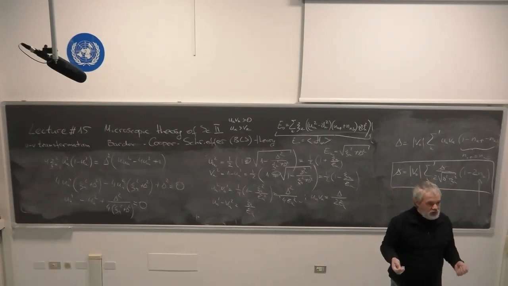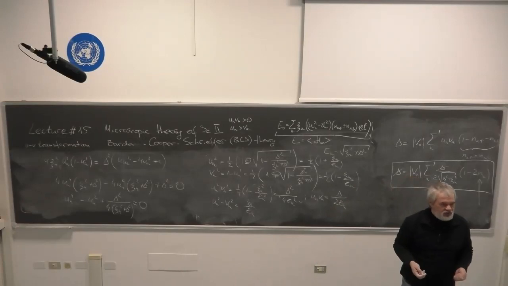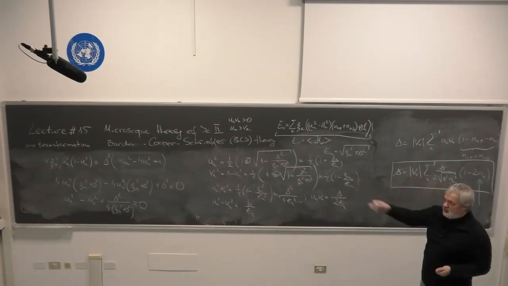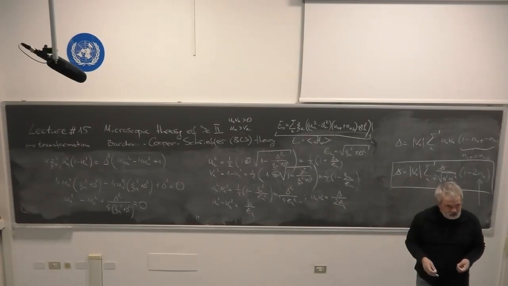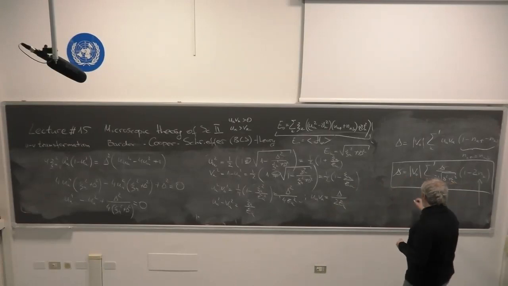It follows from the request to have the same commutation relations for my new variables as for my old variables. The second one comes from the minimization of the energy function. Let me find out what is Ek, where I introduce the notation psi k squared plus delta squared.